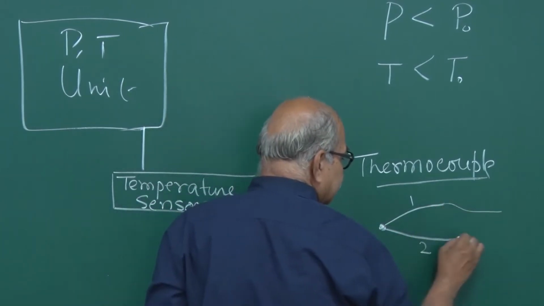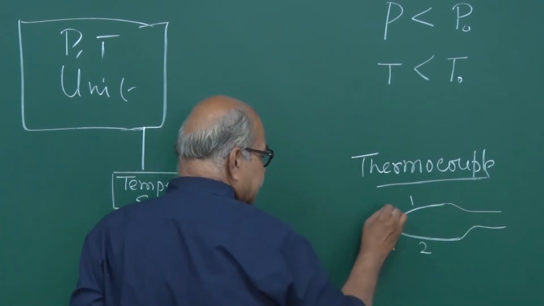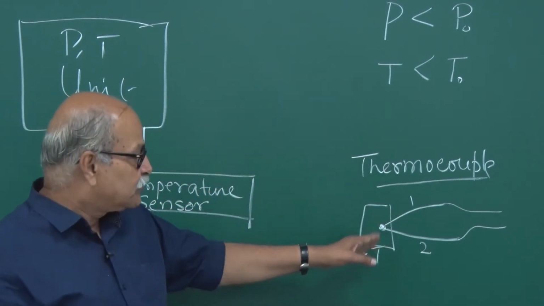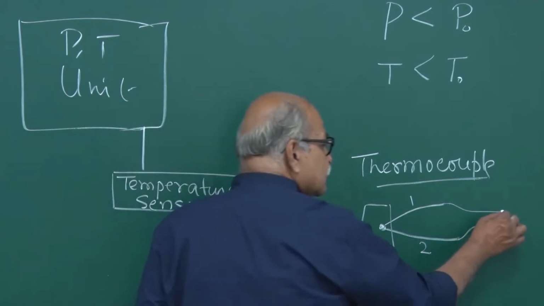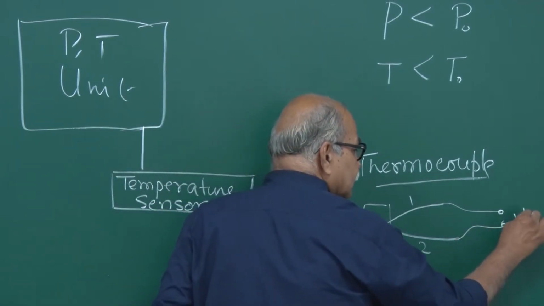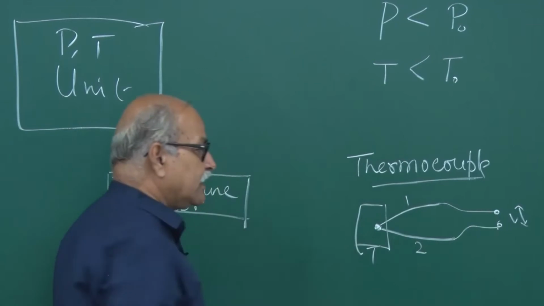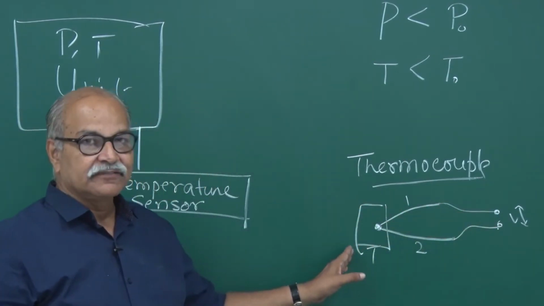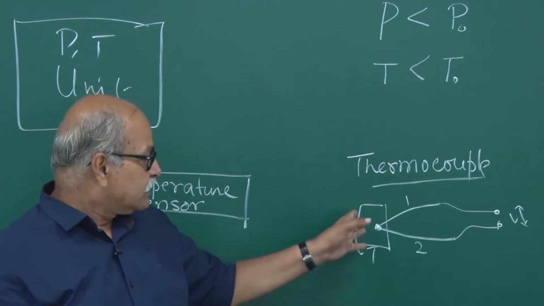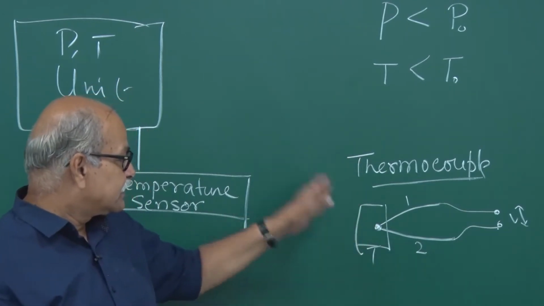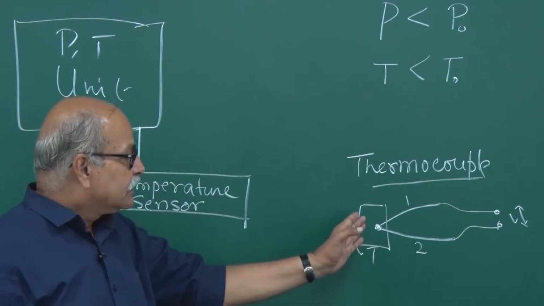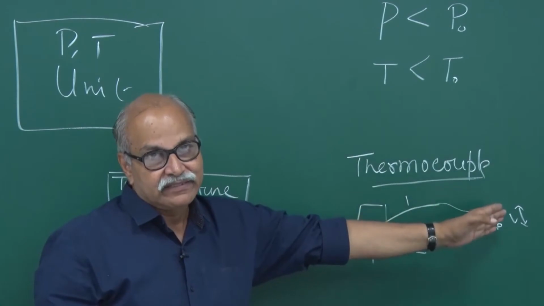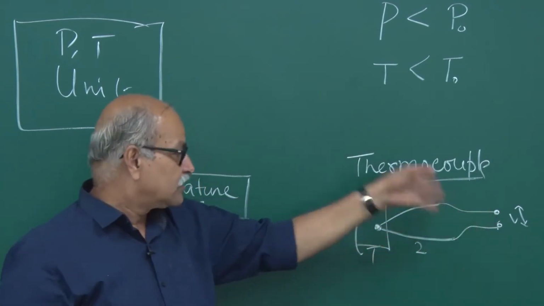This is a temperature sensor, and corresponding to whatever the temperature is at this junction, it creates a voltage between these two ends that you can measure, and from there you can know what the temperature is. Okay. So, this is a temperature sensor. It senses the temperature and creates a voltage according to that. The higher the temperature, the higher the voltage created, and vice versa.